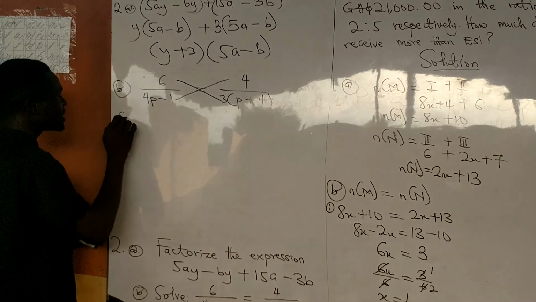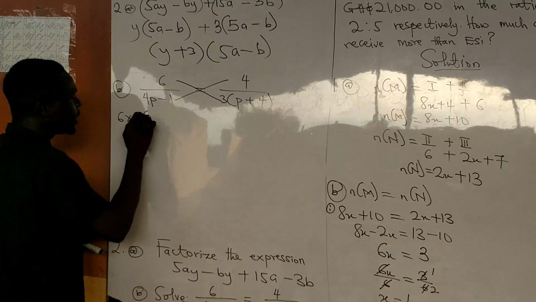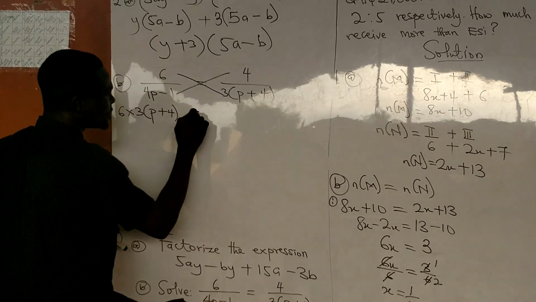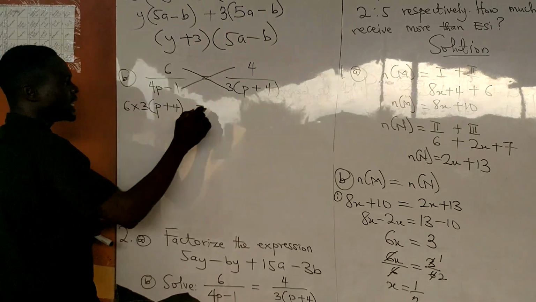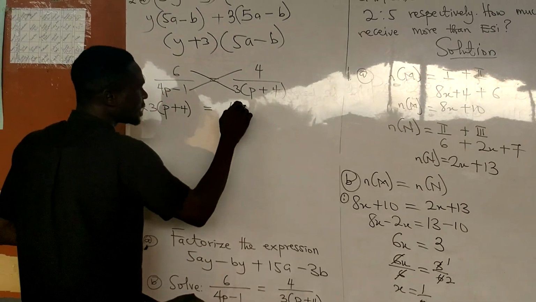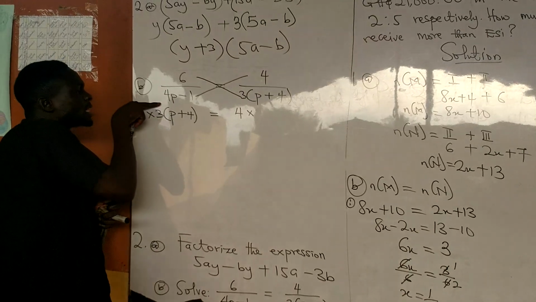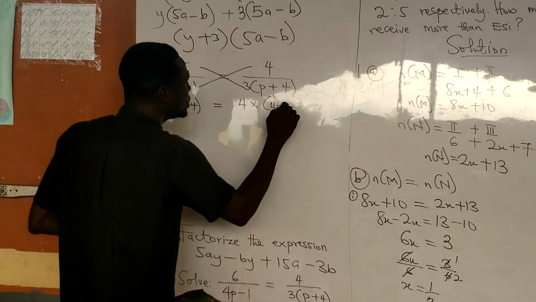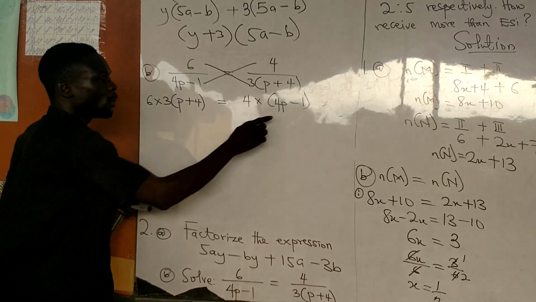So we have 6 times 3 brackets of p plus 4 is equal to 4 is multiplying this. So 4 times, now the 4 is multiplying everything, so we have to put it in a bracket so that we will not multiply the 4 only by 4p.